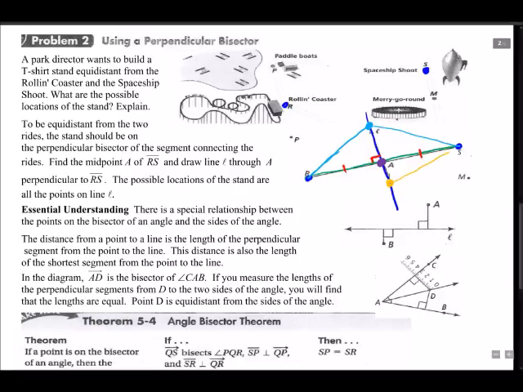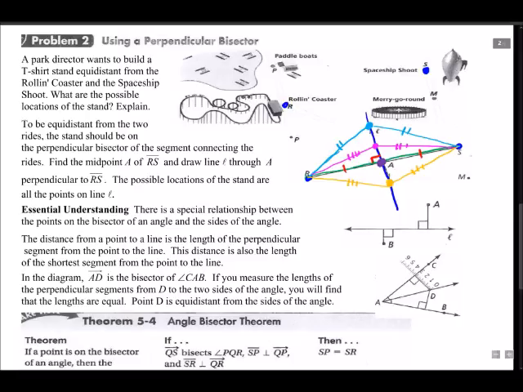It would still be equidistant from those two rides. Let's see, we should be marking these because we are good math people. We could put it a little closer here, and it would still be equidistant.